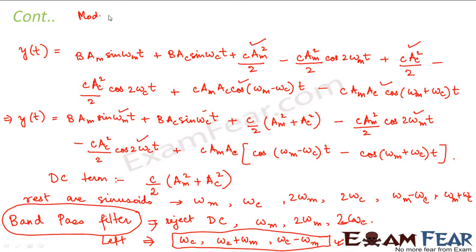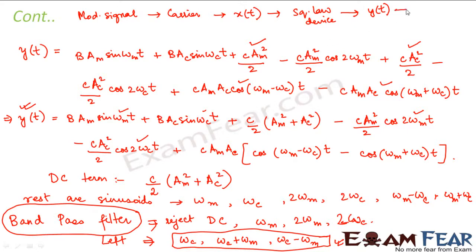The first step is the modulating signal. The modulating signal will combine with the carrier wave, so they will together form some signal, x of t. This signal is made to pass through the square law device. This square law device will give output in the form of this y. So here you can see this output will have a lot of different ranges of frequencies.